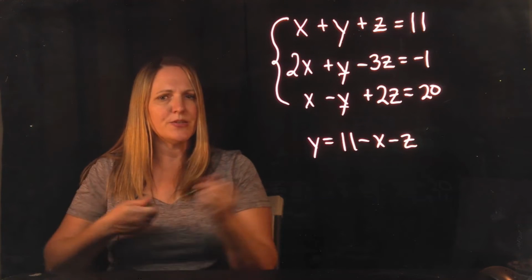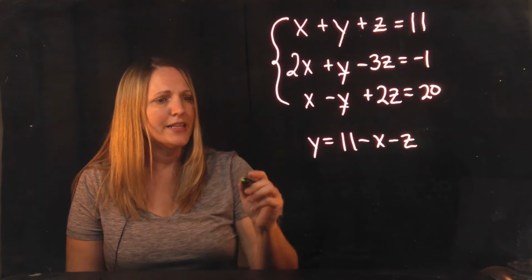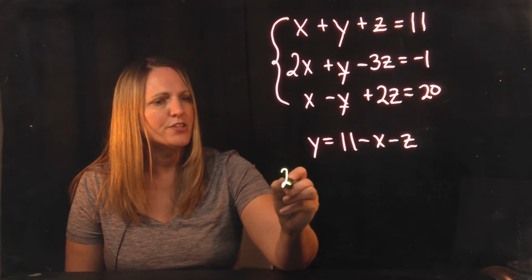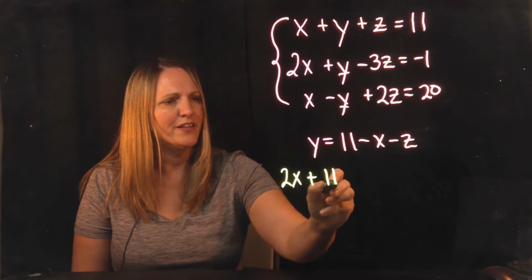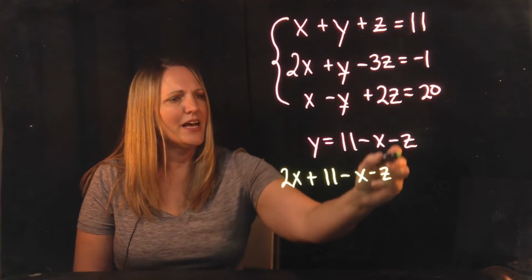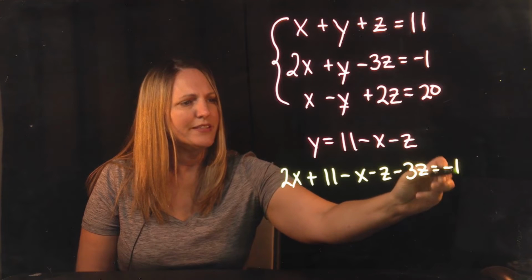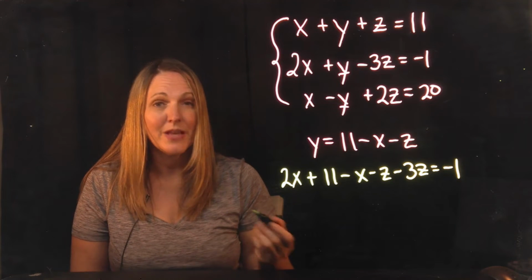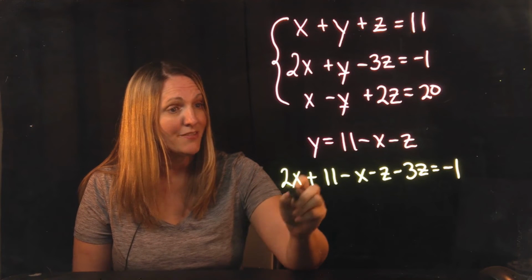When I substitute this for y in equation 2, this is what I get. I'll get 2x plus my y, which is this 11 minus x minus z. Then I still have the minus 3z, and that's going to equal -1. So now I'm going to just simplify, I suppose. I'm not going to solve for anything yet.